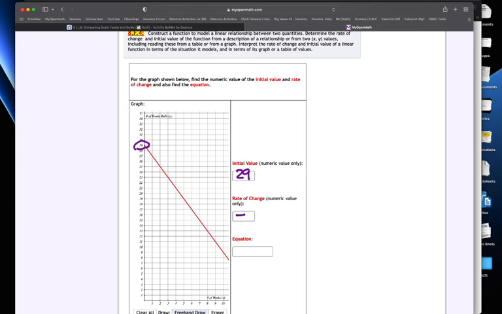So what we have to do is find 2 perfect ordered pairs. So there's one, and it looks like another one is right here. And so from there, we can find our rate of change. So we're going downward 2 and right 1.